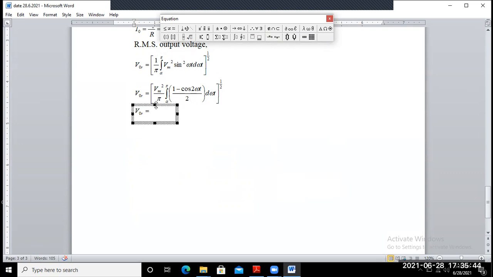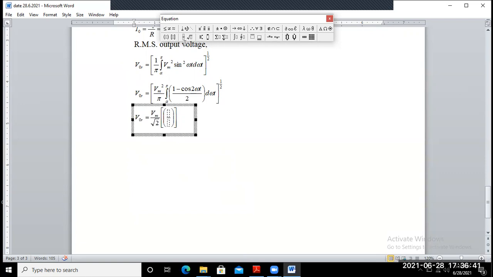So Vm, and if you take 2 outside, we can write here Vm by root 2 into the first integration, which becomes 1 by pi, d omega t, so pi minus alpha divided by pi.